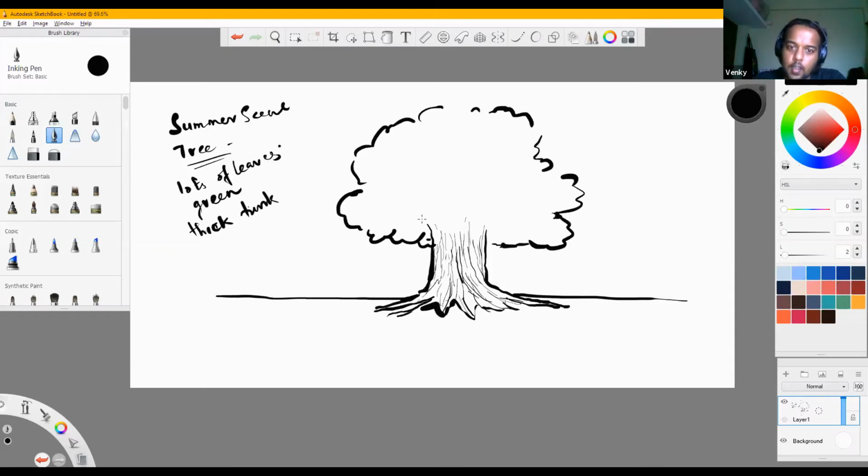Okay, anyways. Then the branches spreading. As we see, it starts thick and then it goes thinner, and then thinner, and then thinner. So we know that whatever is closer to the trunk is thick, and whatever goes farther is thinner. The same thing.